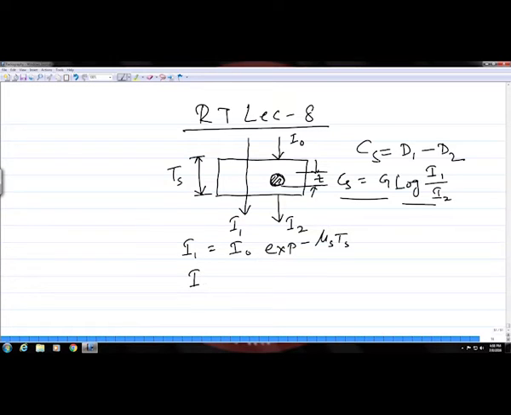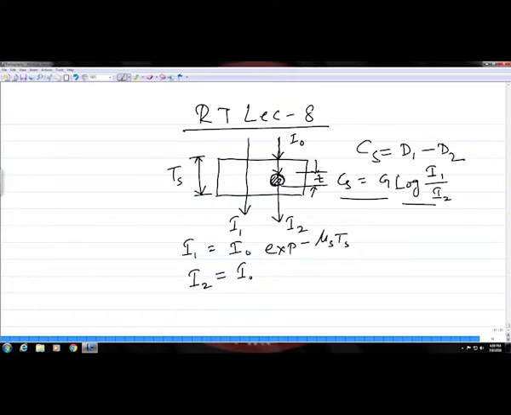And I2 is the intensity coming out from the defect, which is an inclusion in this case. In this case you can see it is first going through the parent material and after that it is going through the defect or the inclusion.